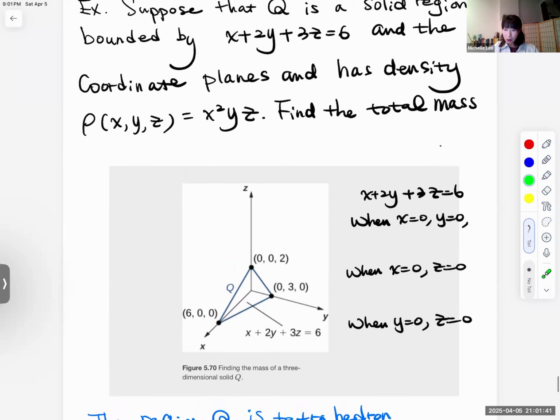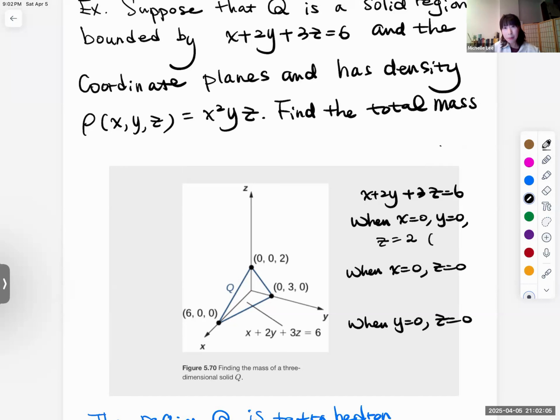We have it bounded by this equation, so if we set x equal to 0 and y equal to 0, then z equal to 2.